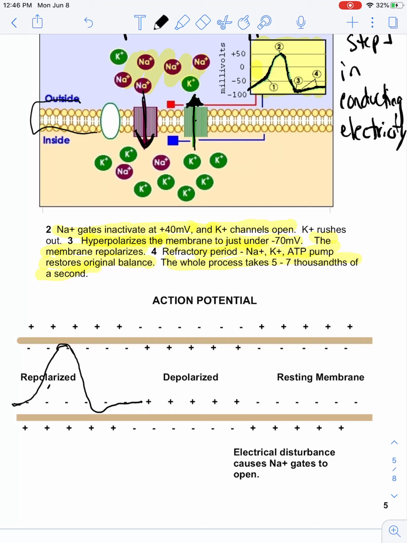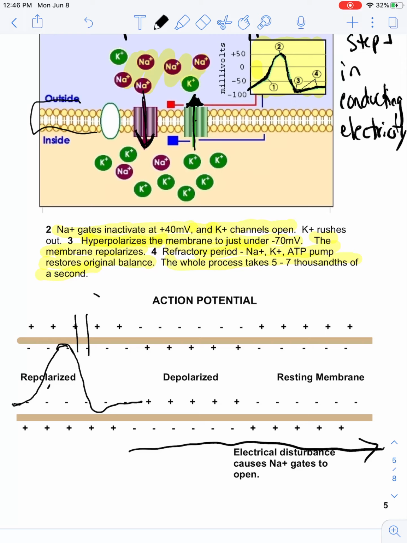So we had one action potential happen here, okay? We need the action potentials to continue all the way down this neuron, all the way to the axon terminals, right to the end. So how does the next section undergo an action potential?